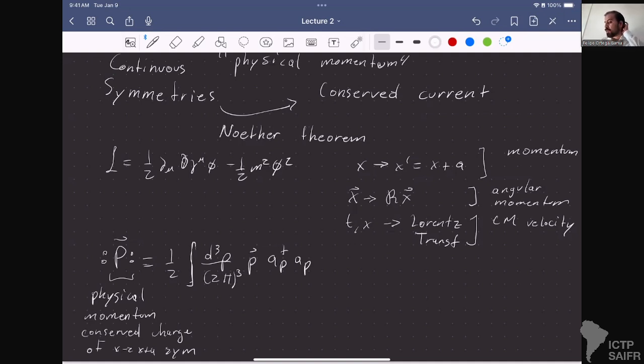Again, I'm normally ordering the operator, and you see you get this number operator multiplied by p this time. So you have three different directions because obviously you have three different spatial directions. You can do the translation.